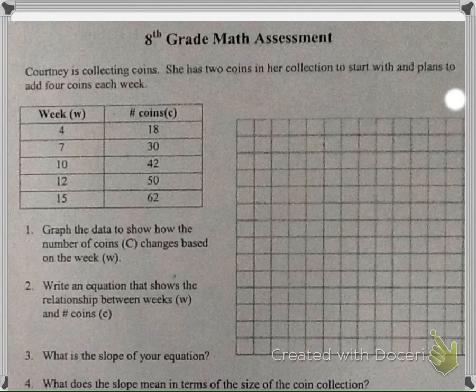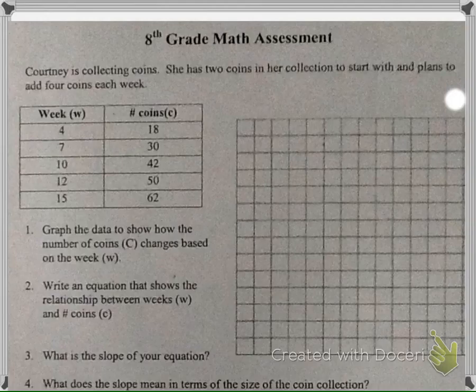So this is the first one, and the situation you are given on the worksheet is that Courtney is collecting coins. She has 2 coins in her collection to start with and plans to add 4 coins each week. So right away, if you have a good understanding of linear, you should realize that we gave you pretty much the equation in the situation.